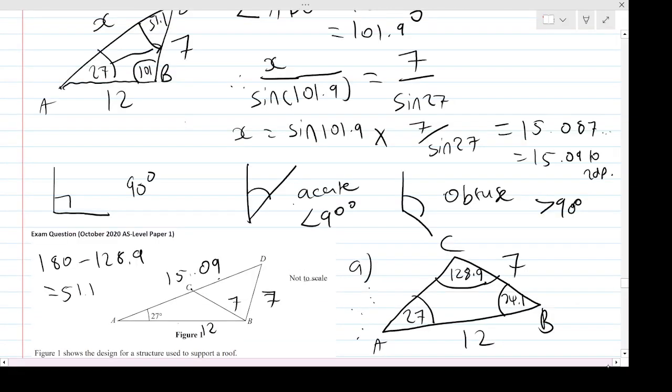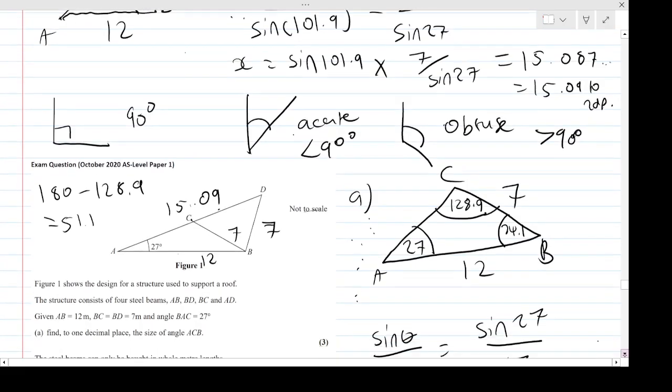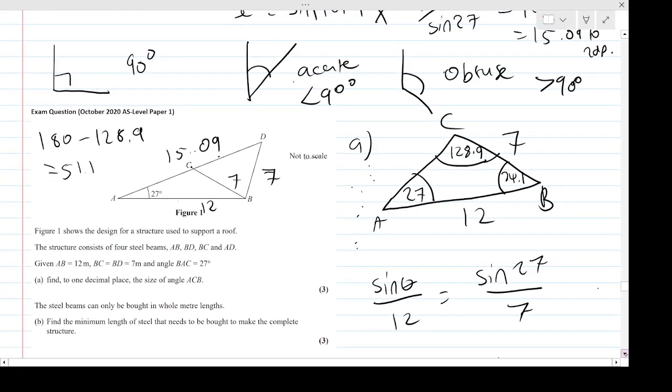So there we are. Now, we're very, very nearly there. Quite a nasty question this, isn't it?